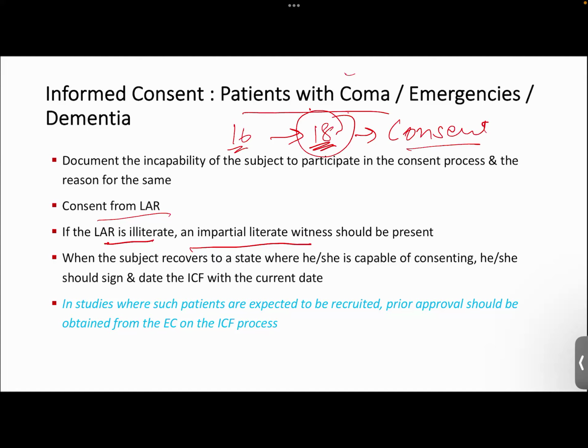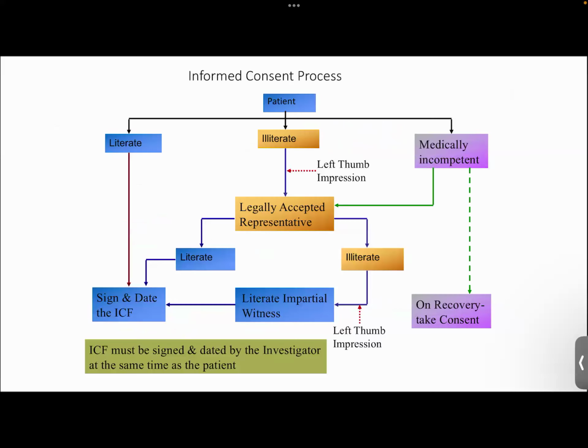Similarly, if the patient is out of a coma, take consent. And if you are going to take approval in these emergencies, you must have approval from an ethics committee.